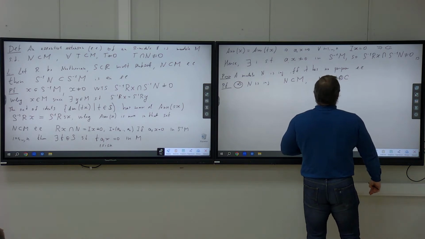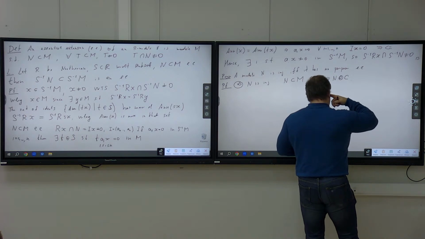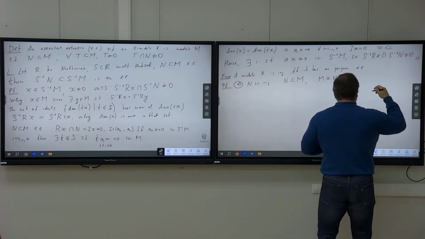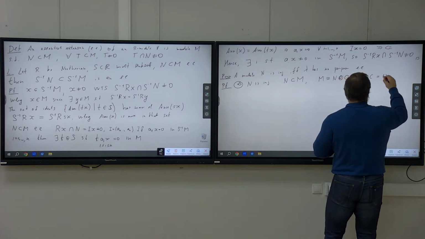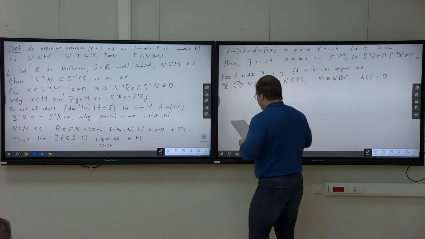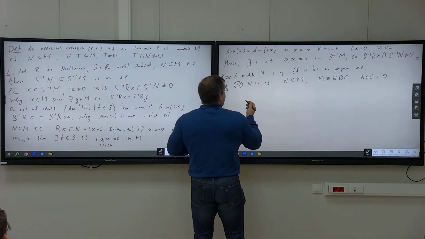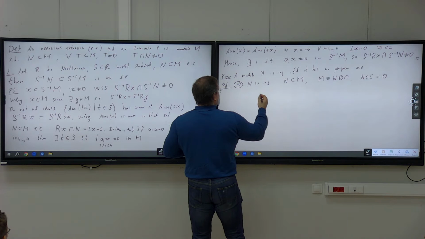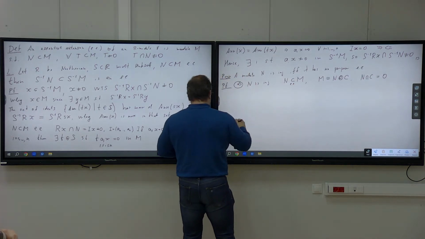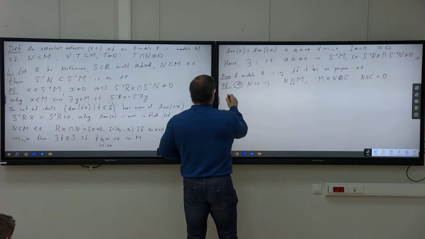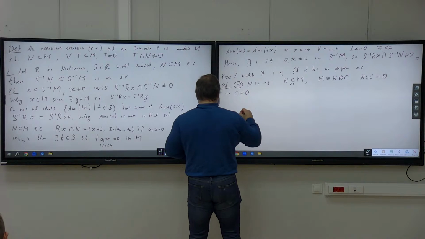Okay. Now, we have this isomorphism, and N intersect with C is 0. That's a direct sum of two submodules. And since we assume that this is an essential extension, I can conclude that C is isomorphic to 0.